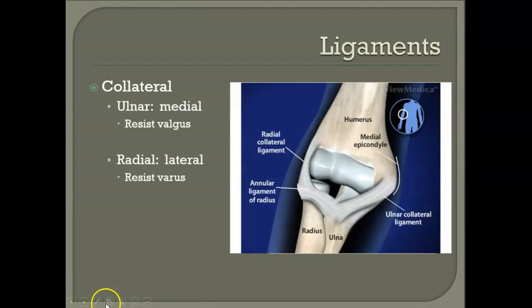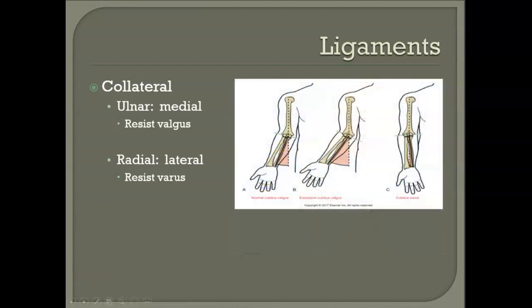I'll give you another picture here so you can get the anterior view with these ligaments going around the outside of the joint. Same thing as we talked about before, we talked about valgus and varus. So again, I told you, medial is always valgus, lateral is always varus. I have some pictures here. This is the normal, so normally we usually have a carrying angle in our arm of a little bit of valgus.